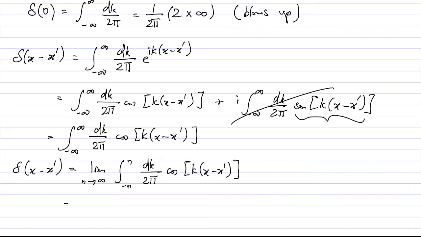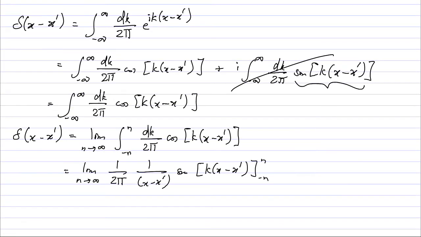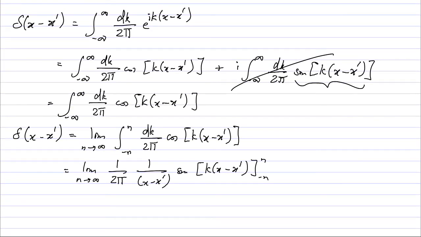So this is then equal to the limit as n goes to infinity, and on one side you get 1 over 2 pi, and when you integrate with respect to k, you get 1 over (x minus x prime) in the denominator, and you get sine of k(x minus x prime), evaluated between minus n and n. That's what you have to plug in.